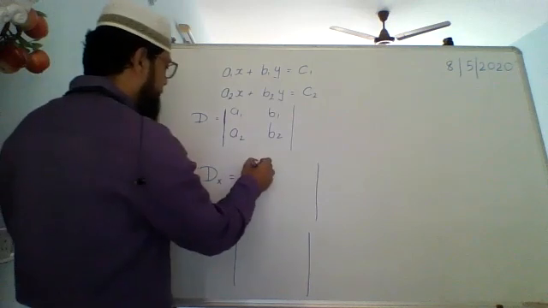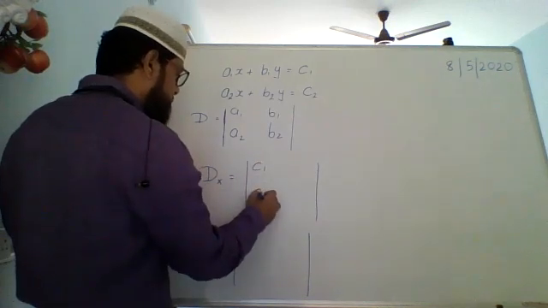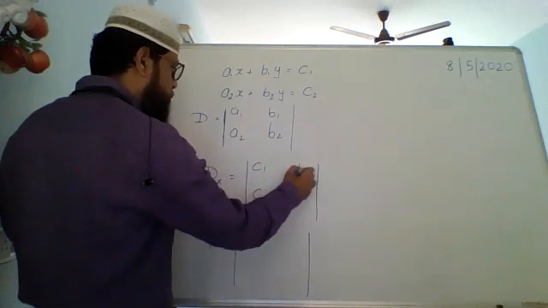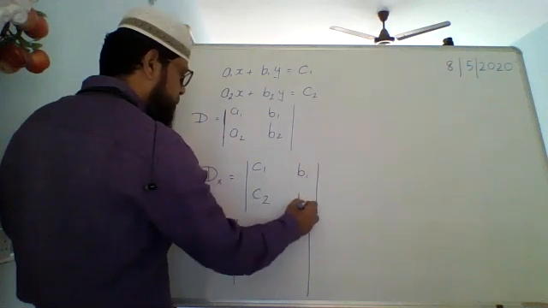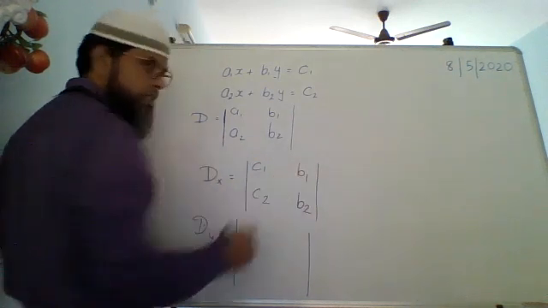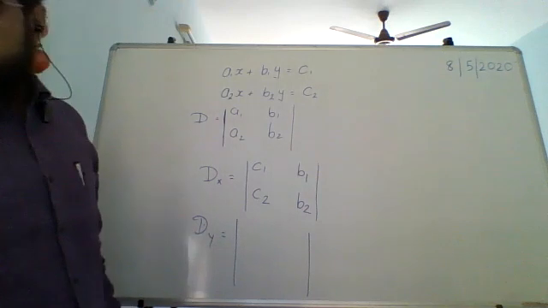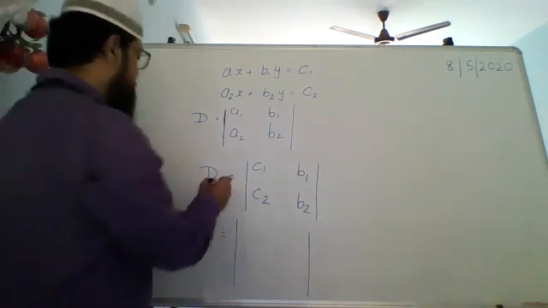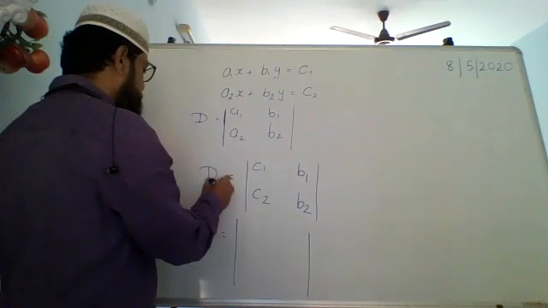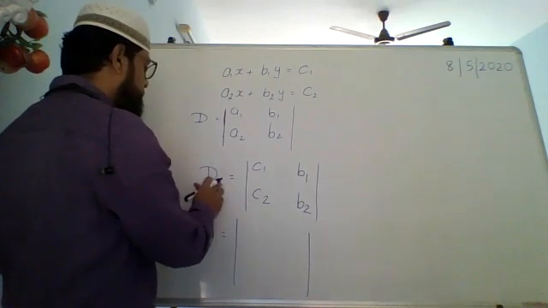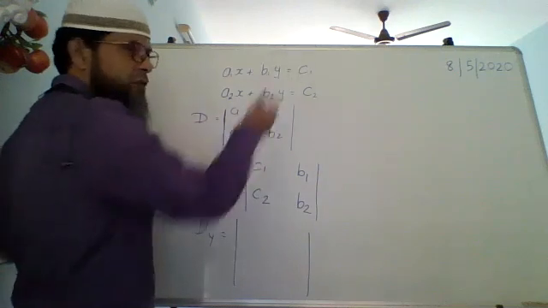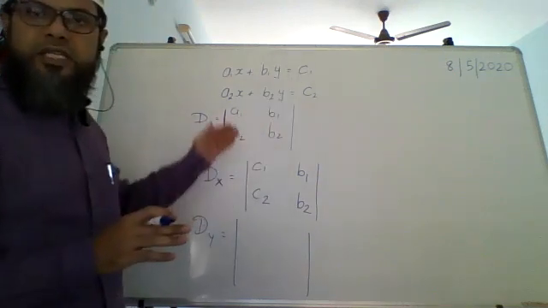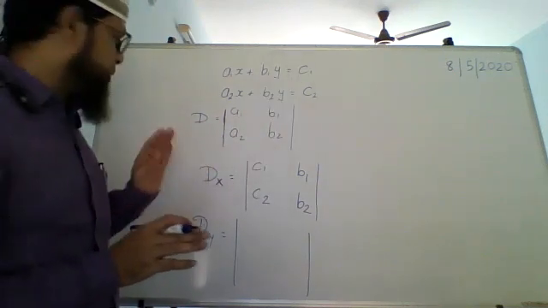In place of a1, a2, put c1, c2, and the other column remains b1, b2. Is that clear? In dx, whatever are the coefficients of x are to be dropped, and in place of that, what is left, c1, c2, comes there.